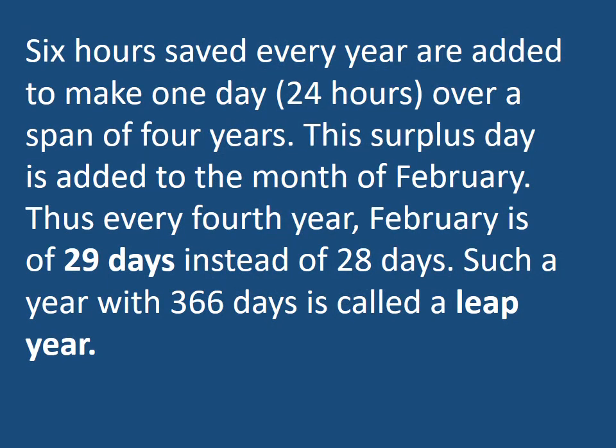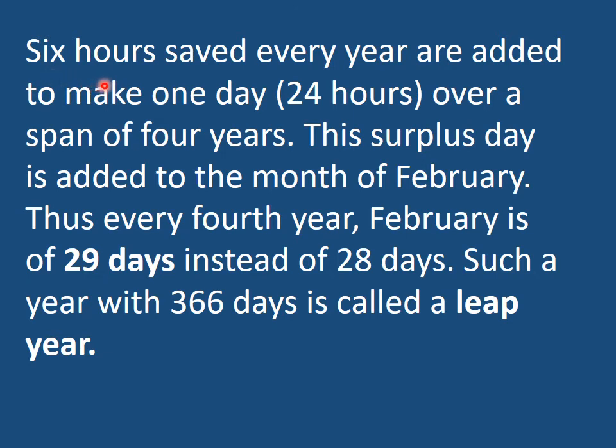Every year 6 hours is ignored, and these 6 hours saved every year are added to make 1 day, that is 24 hours. After 4 years we will get 1 extra day.